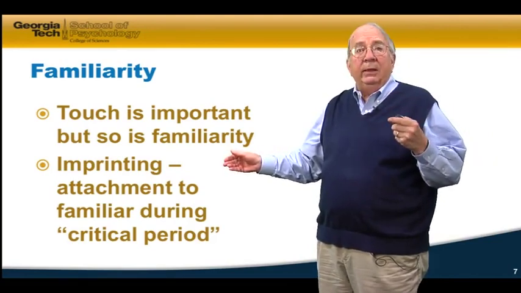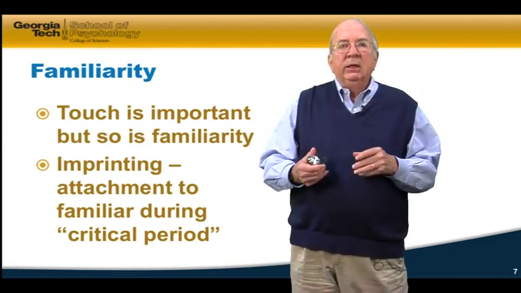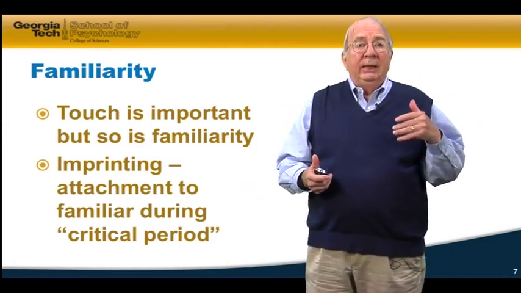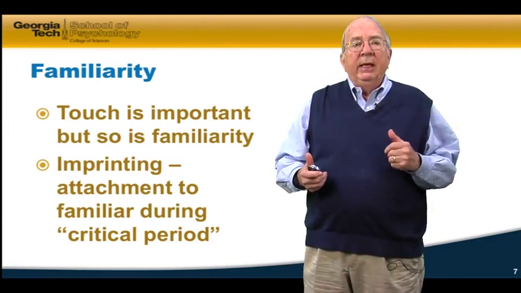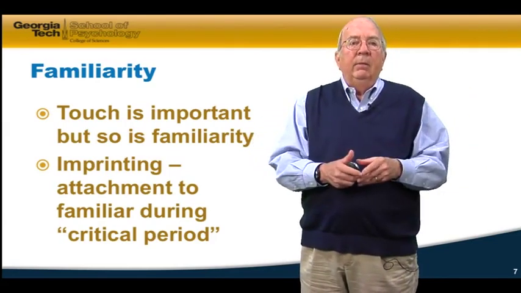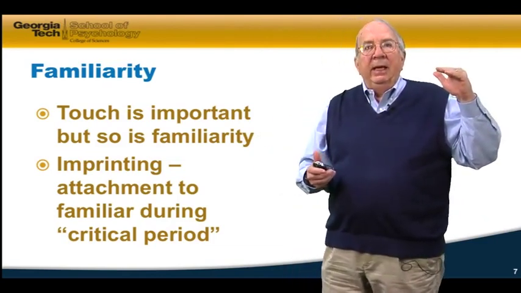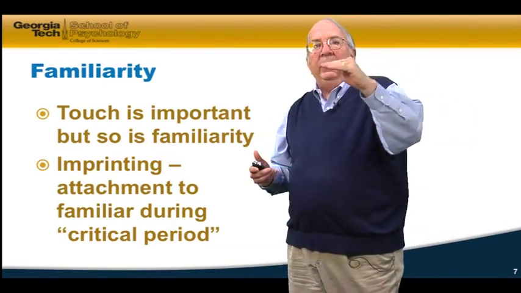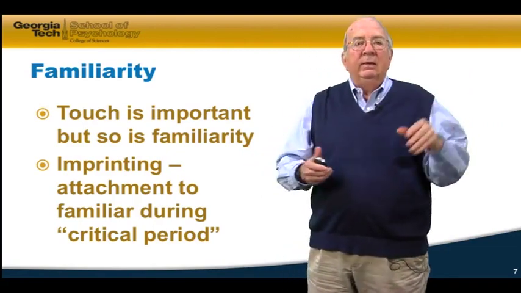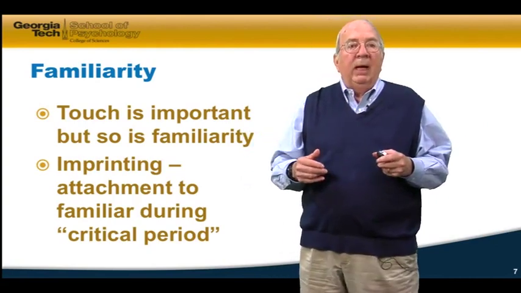For example, imprinting, that's what it's called. I went to a center, for example, that takes wildfowl, geese and cranes, and they don't have a mother, so they don't learn how to migrate. So they actually use an ultralight airplane, and the geese learn to follow that airplane, and they learn how to fly together and have normal migration.